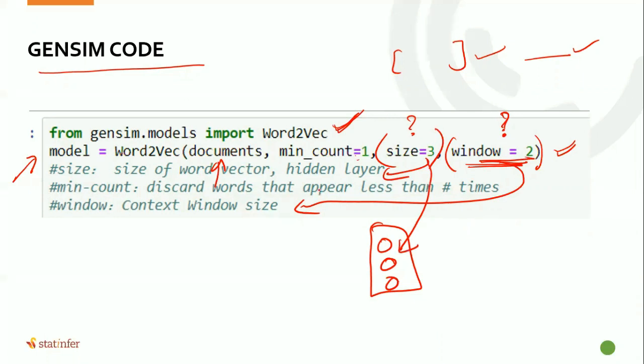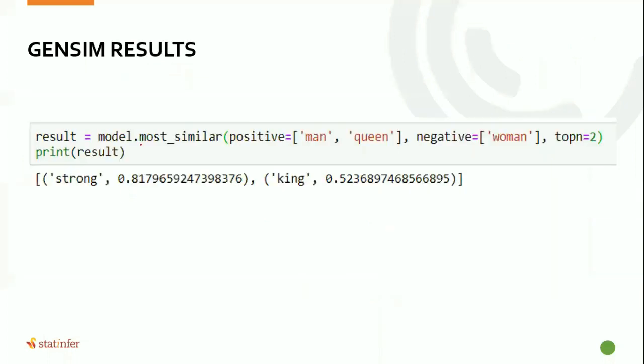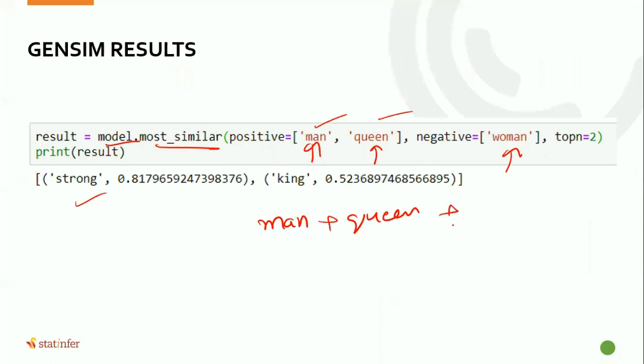That is it. Then from the GenSim output also we will get similar results. If you say model.most_similar, what are the words that are similar to man and queen? Negative is woman. That means you remove woman, and find words similar to man and queen. It is as if you are saying man plus queen minus woman.